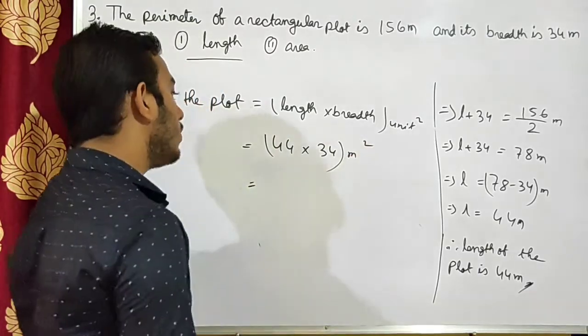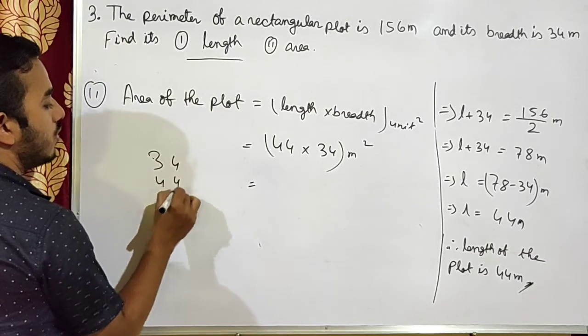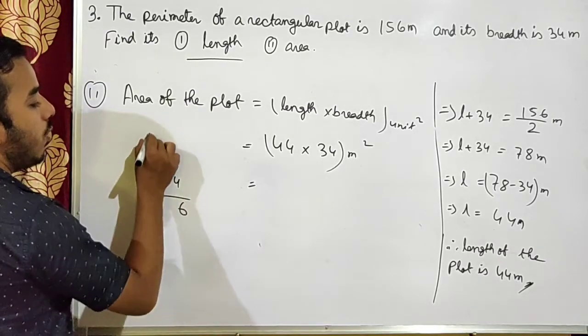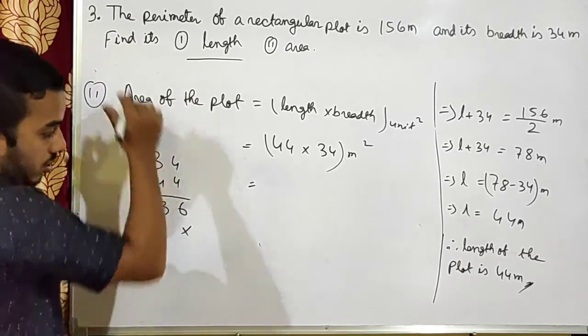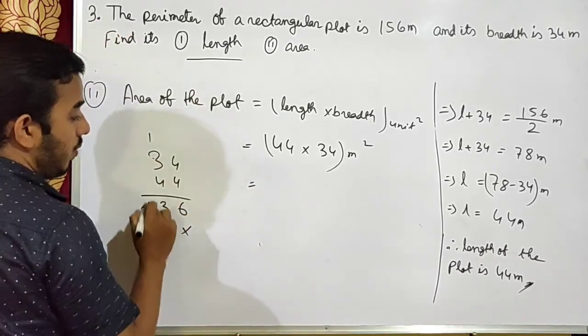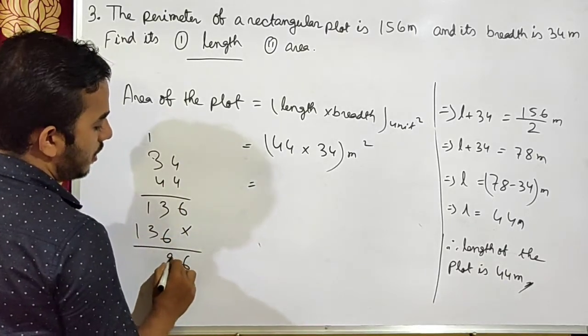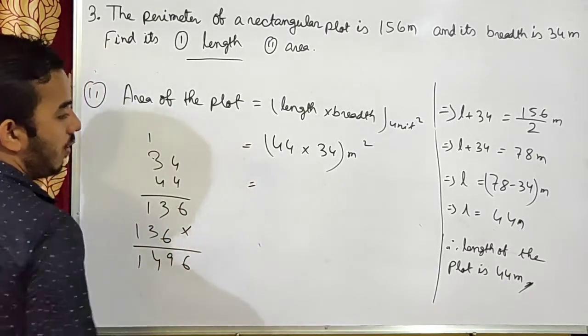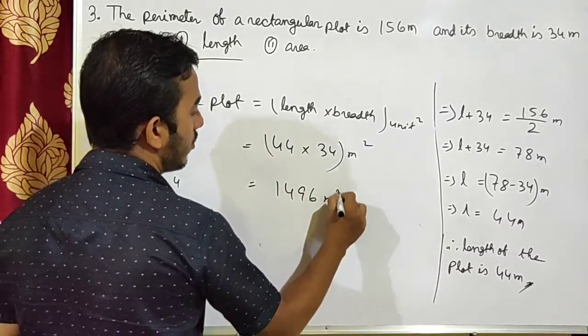Now 44 into 34, let's multiply. 4 into 4, 16, 1, 3 into 4, 12, 13. Then 6, 9, 4, 1. 1496 meter square.